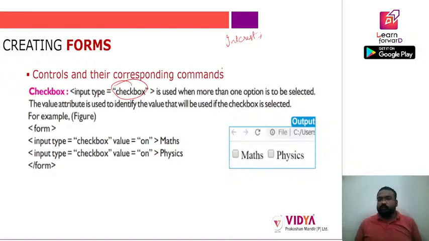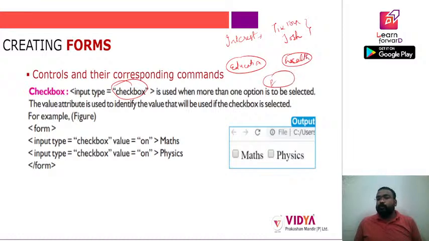I hope most of you have used TikTok, some Josh app, or some other entertainment app. Whenever you log into these apps, they ask you what your interests are. It shows you options like education, health, sports, and asks you to select multiple options.